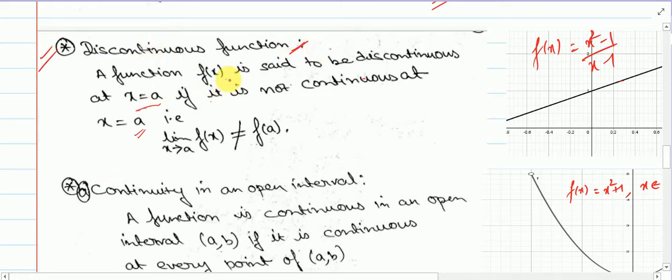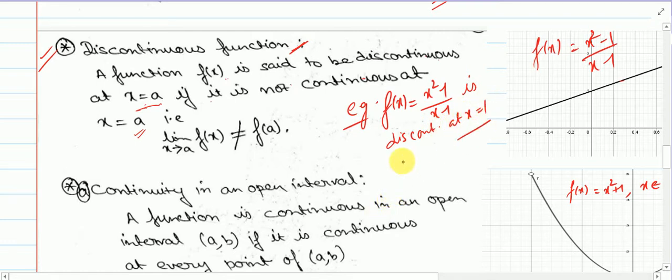Discontinuous function: a function f(x) is said to be discontinuous at x equal to a if it is not continuous at this point. For example, f of x equal to (x square minus 1) upon (x minus 1) is discontinuous at x equal to 1, because here you can see that the limit as x tends to 1 of f of x is coming 2, but f of 1 is not defined.